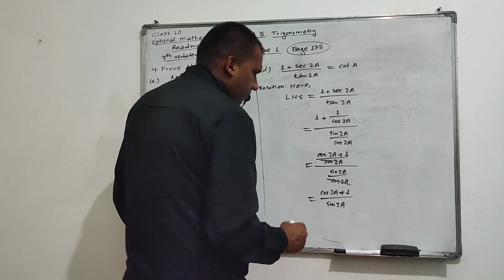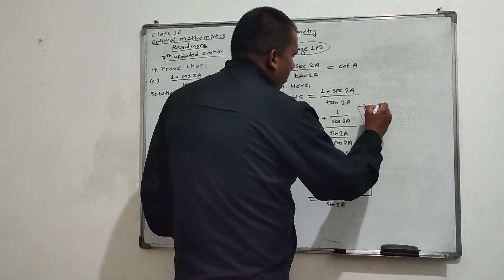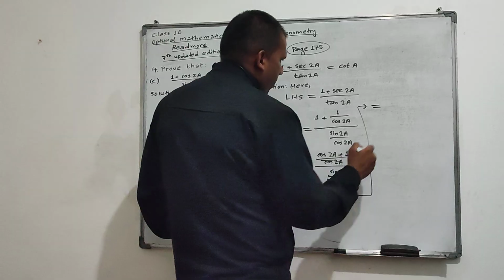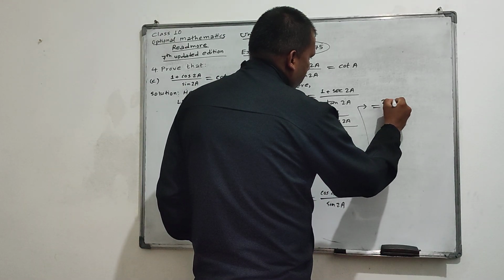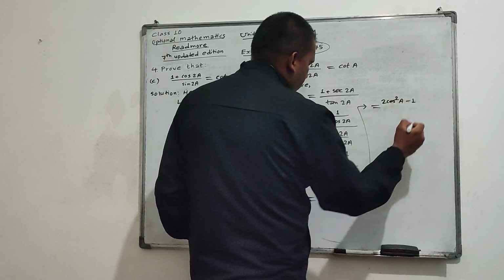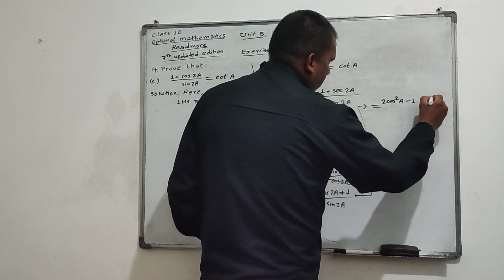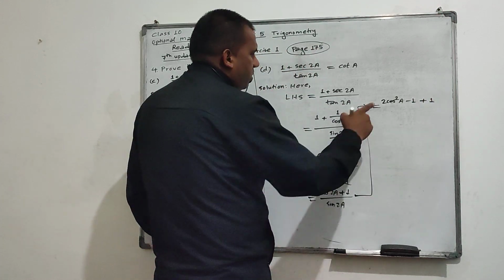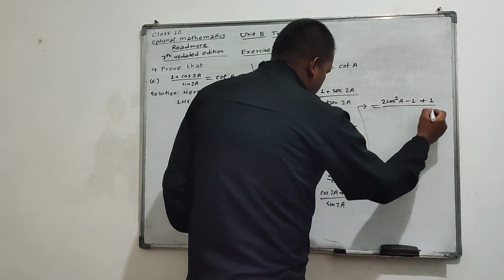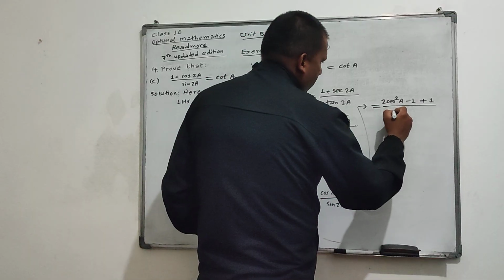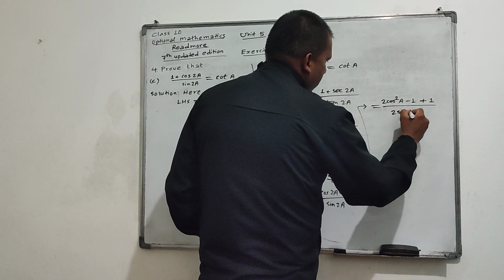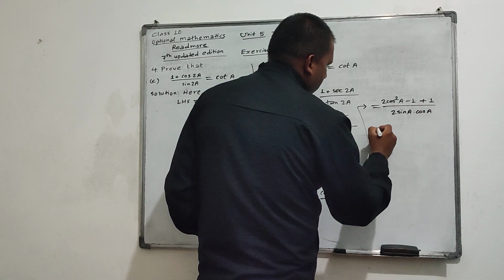Now this equals cos 2a, that is 2 cos square a minus 1, using the formula, then plus 1, whole upon sin 2a, that is 2 sin a cos a.